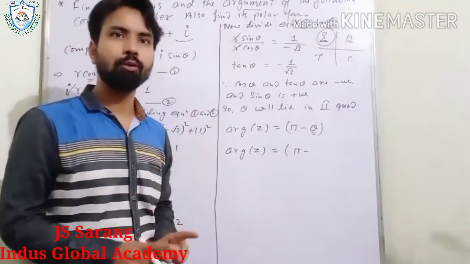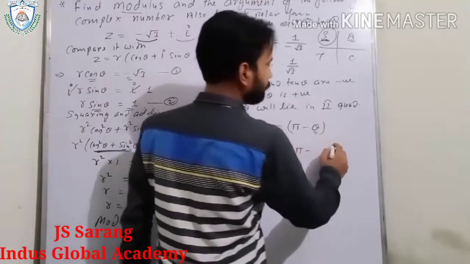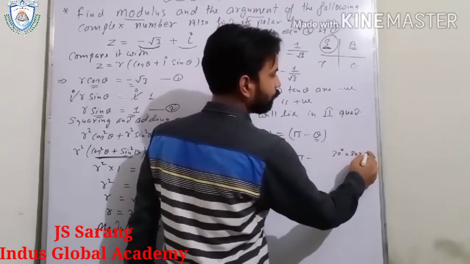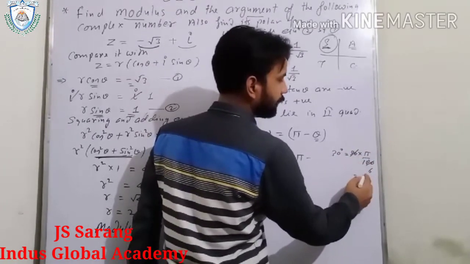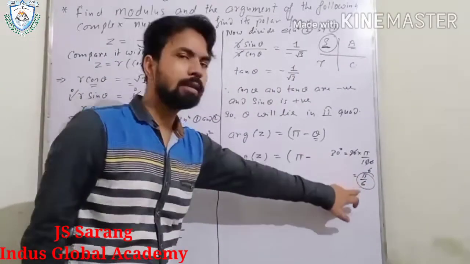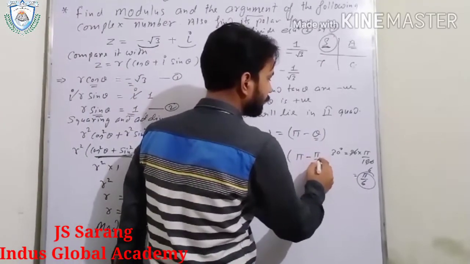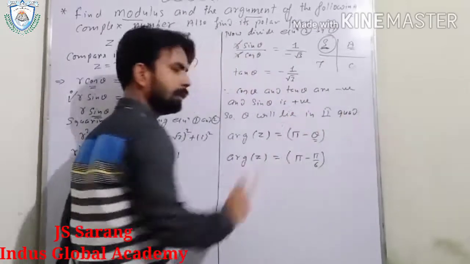But we have to take the angle in radian measure. So 30 degrees is how many radians? 30 into pi upon 180 radians. 30 is 1 by 6 of 180, so pi by 6 radians. So 30 degrees can be written as pi by 6 radians. In place of theta, we will write pi by 6. Clear?